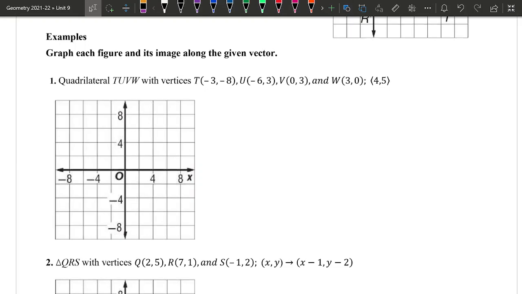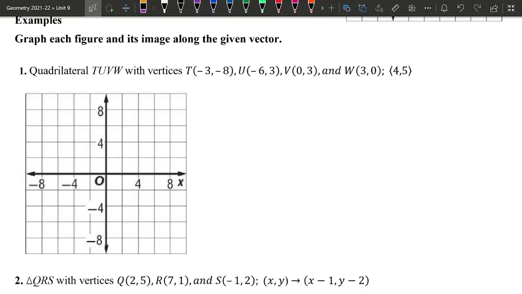So we're going to do a couple of those. Here we have quadrilateral T, U, V, W. So we're going to plot those points. And the scale on this graph is weird. It's counting by 2s, so all the odd numbers are just kind of in between. So we have T at (-3, -8). Here's -3 and -8 right there.